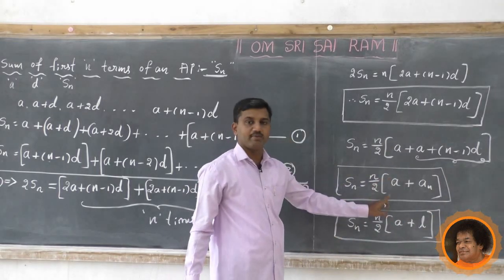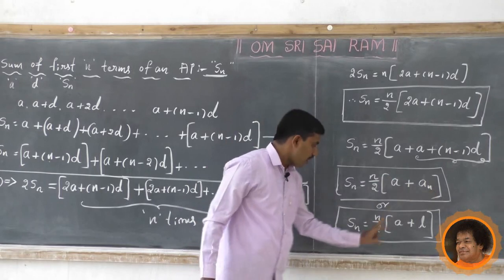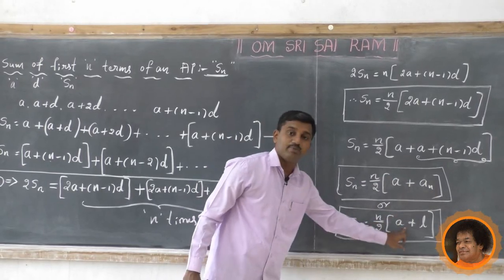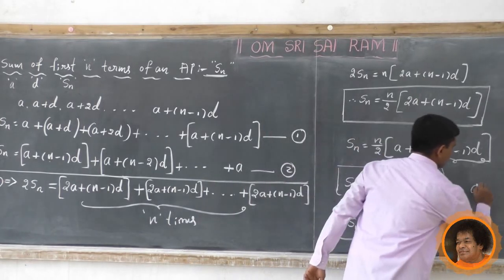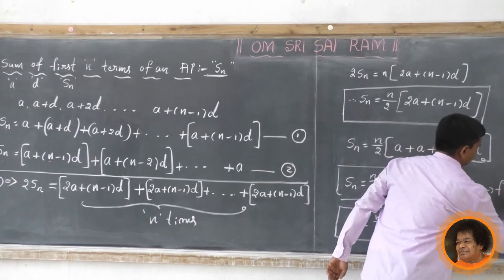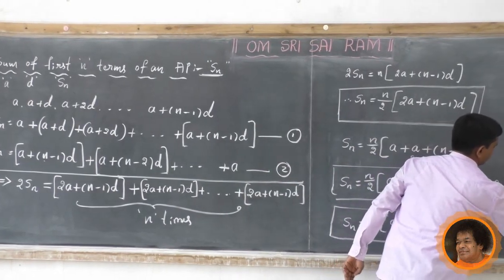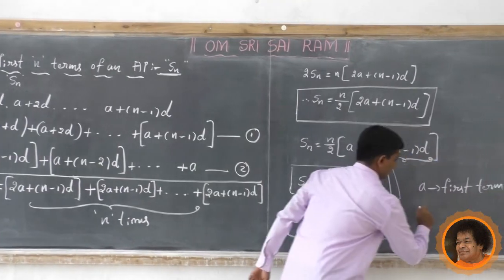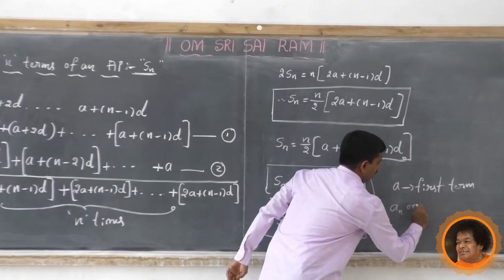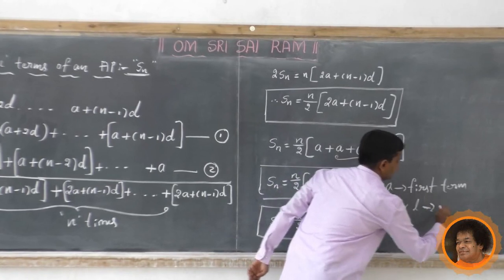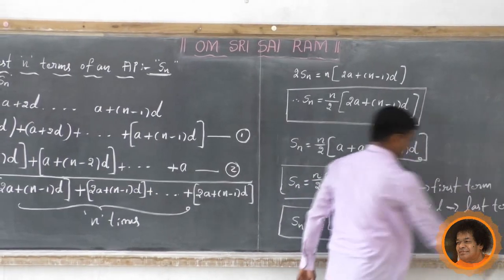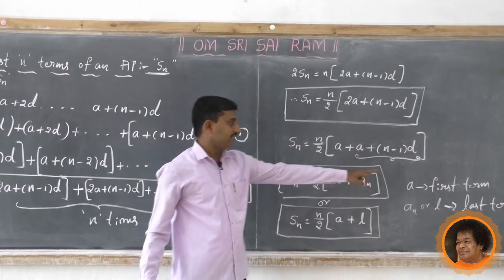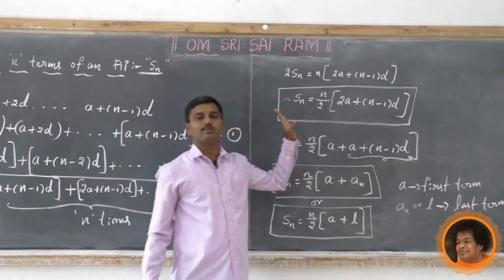Sn is equal to n by 2 into a plus an, or n by 2 into a plus l. So here a is the first term, an or l is the last term of the arithmetic progression.